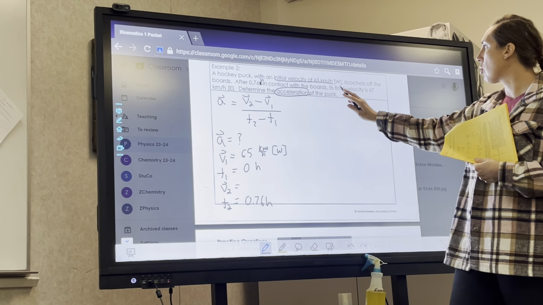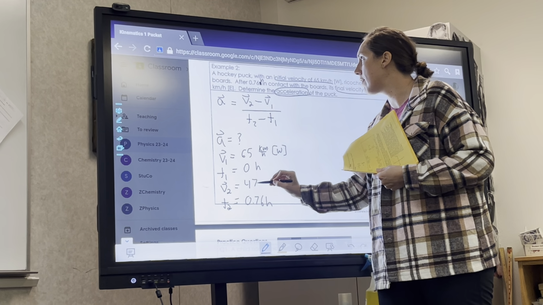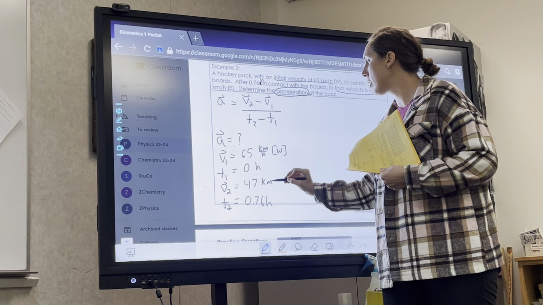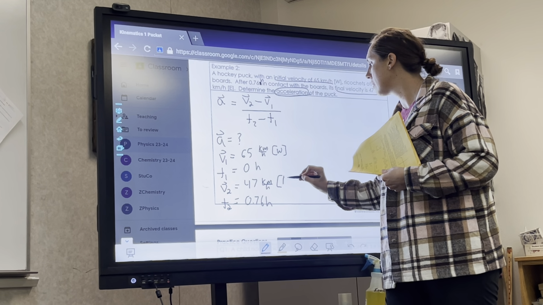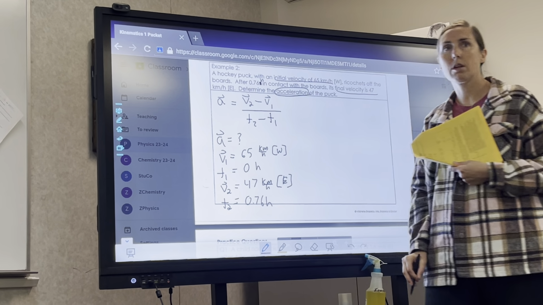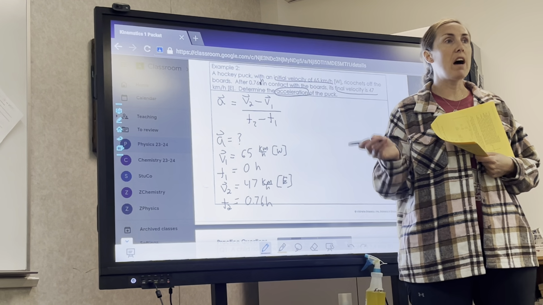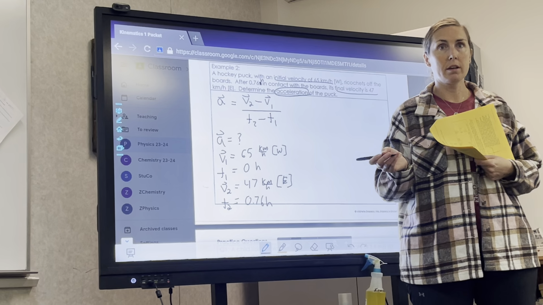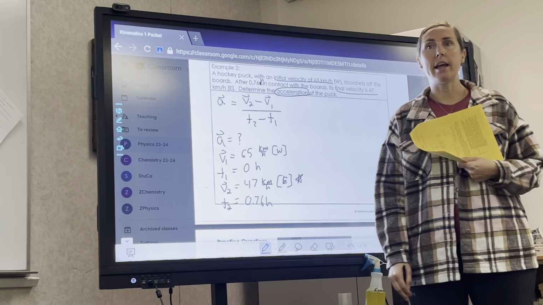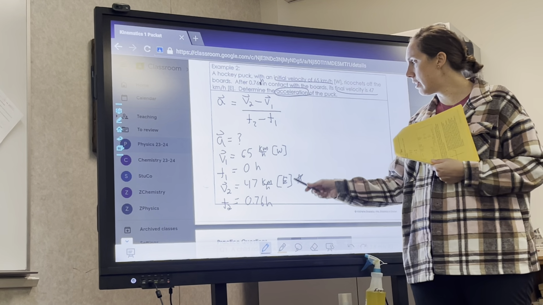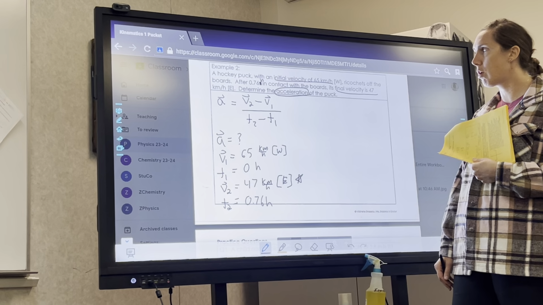In contact with the boards, its final velocity is 47 kilometers per hour east. Now after reading that question, what was the final direction of the puck? East. So it is going to maintain that eastward acceleration. That is the direction we're gonna pick. So let's sub into this formula and get an answer.